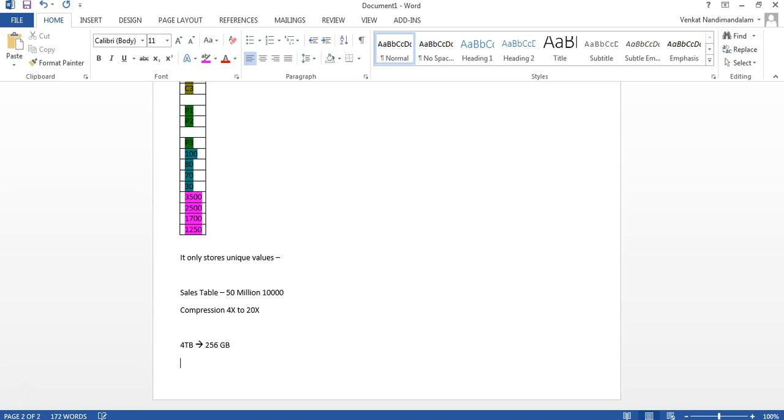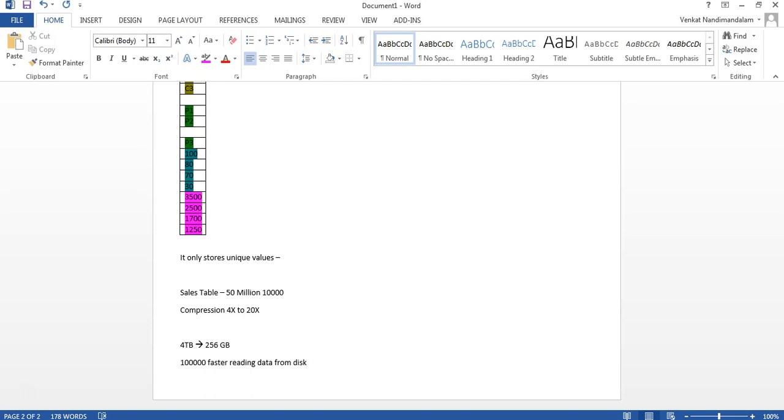The simple fact is that reading data from RAM, from memory, is 100k times faster than reading data from disk, which means your analytics are going to be a lot faster.